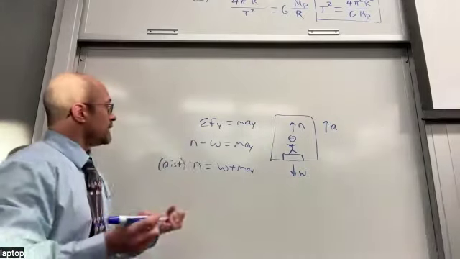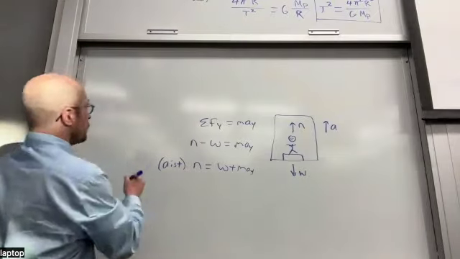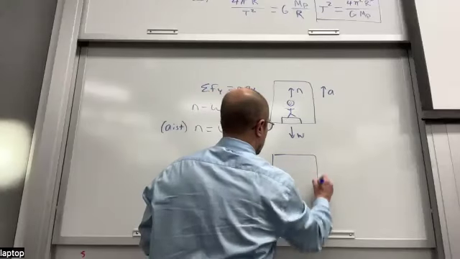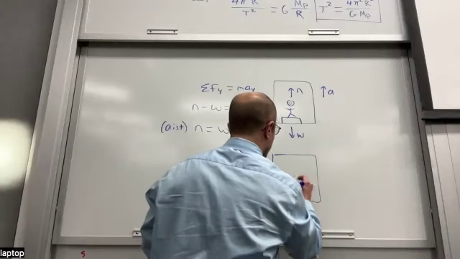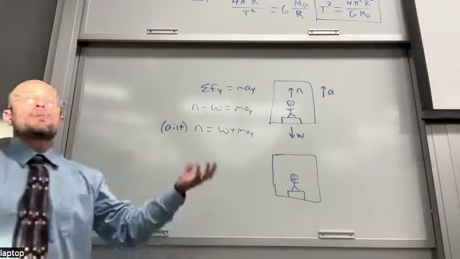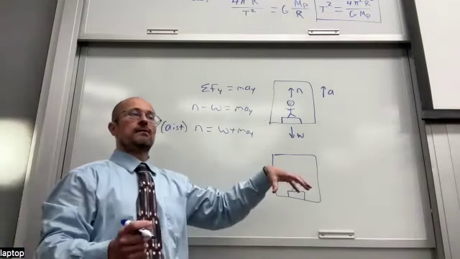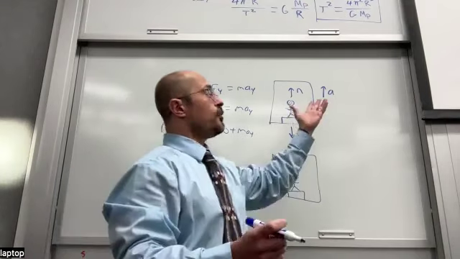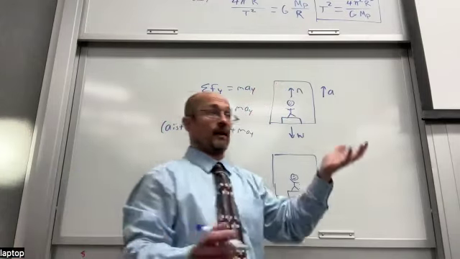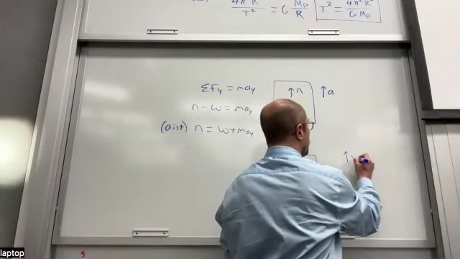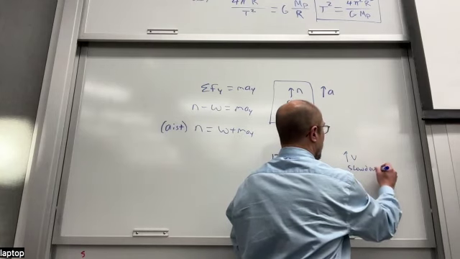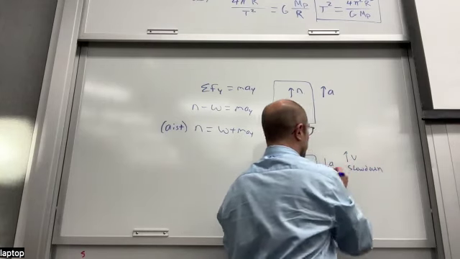Now the other one you can have, if you're thinking about this again, you can have somebody standing in the elevator, but let's say now you're moving upwards, but they tell you you're slowing down. So if v is up, but you're slowing down, that would imply that a is down.